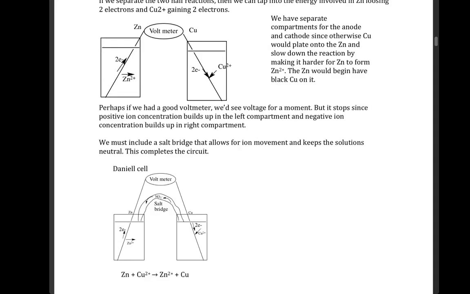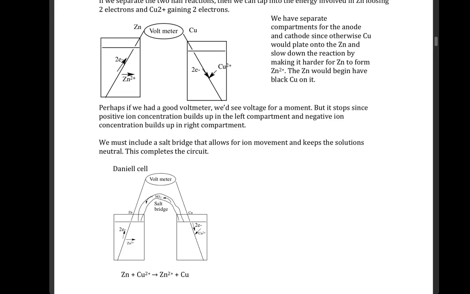Perhaps if we had a good voltmeter, we connect the pieces of metal, what we call electrodes, the piece of zinc, the piece of copper. Now, copper is not a reactant, but we have to have some kind of a conductor of the electrons.